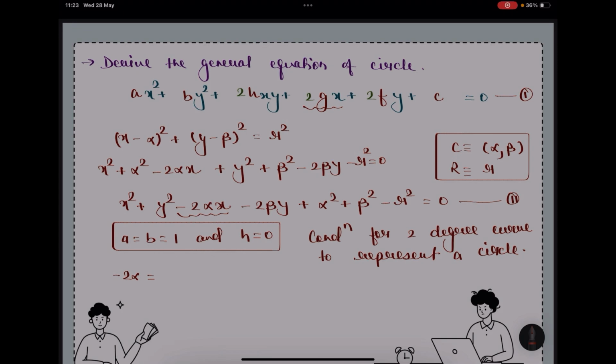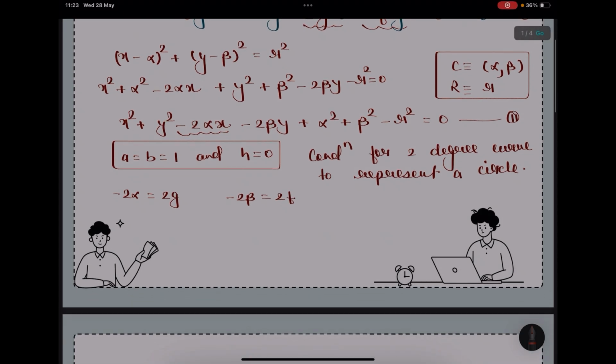And coefficient of y is minus 2 beta, and here coefficient of y is 2f. So this 2 got neutralized, this 2 got neutralized. Earlier our center was alpha comma beta. Now it got updated and it becomes minus g comma minus f.